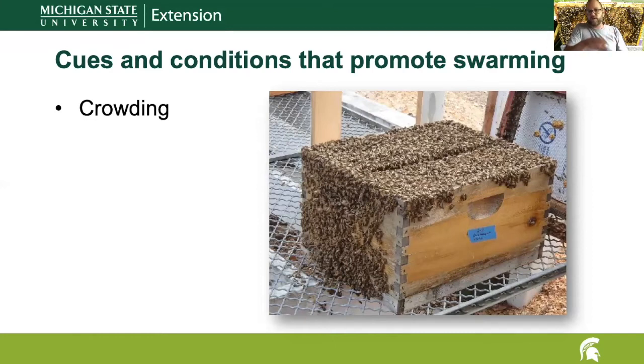Whether it's a reproductive swarm in the spring or a crowded swarm any other time of the year, it's the density and the availability of space to store food and brood that has a huge impact on the cues that initiate swarming. Now, crowded hives are not an indication of a bad thing. I don't want you to think of this as a bad thing. It means you have a lot of food and a lot of bees. There's just too much of all of these good things in the colony.